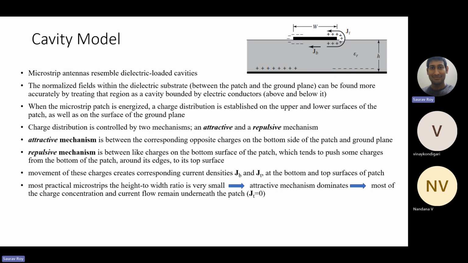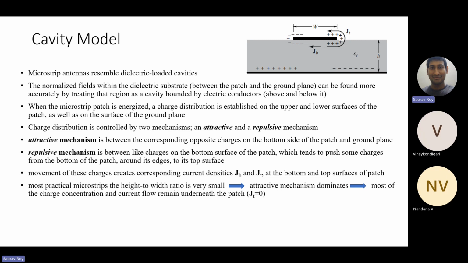Because our excitation is a high frequency, time varying field, there will be both plus and minus charges, right? The attractive mechanism is between opposite charges, in the same layer as well as in a different layer, that means in the top and bottom. The repulsive mechanism is between the same type of charges, mainly the positive charges on the ground layer and the positive charges on the top layer.